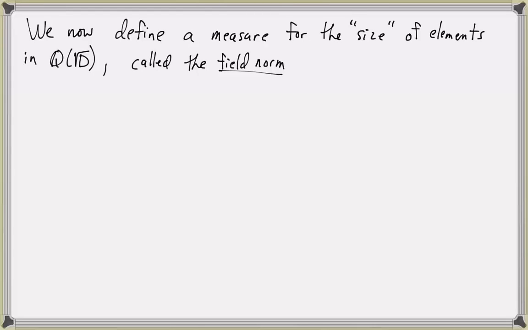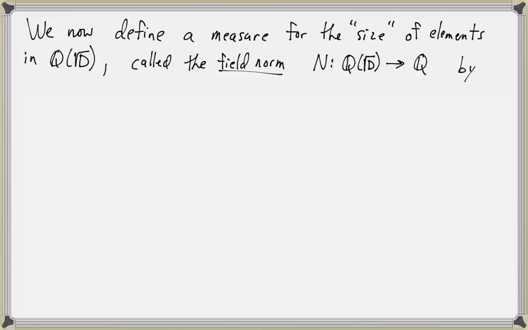We're going to denote this by capital N. So the field norm will actually be a rational number. We can take the field norm of any element of Q adjoin square root of D, and here's how we do it.